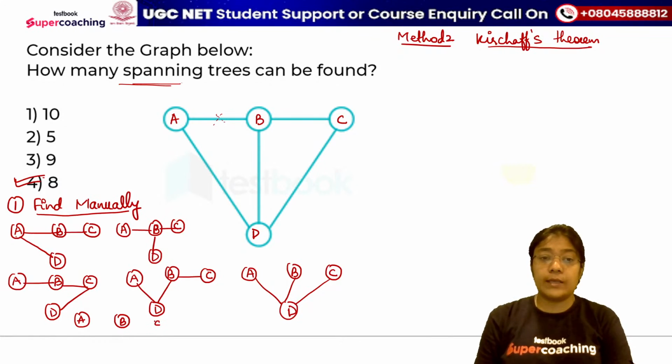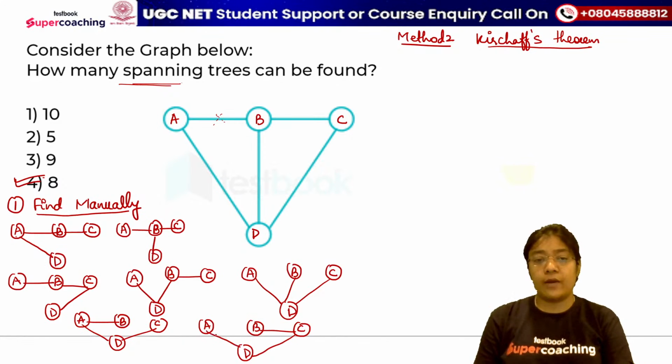A, B, C. Then next we have A, B, C and D. इसके अलावा और कोई possibility? There is no other possibility. So we have 1, 2, 3.